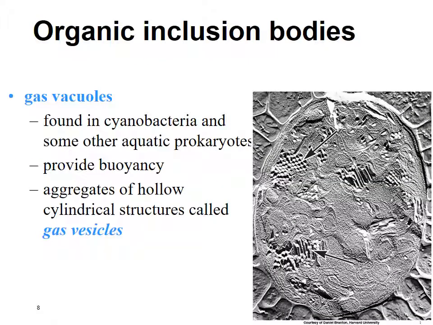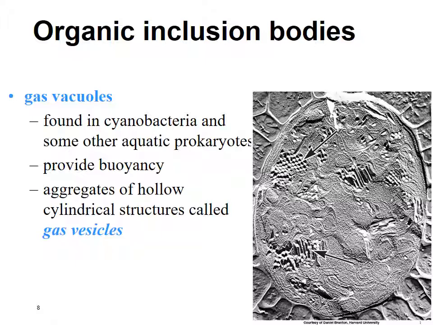Another example is the gas vacuole. This is quite a unique inclusion body which provides buoyancy to aquatic prokaryotes. Gas vacuoles are aggregates made of a single type of protein, and this protein is impermeable to water but highly permeable to atmospheric gases.